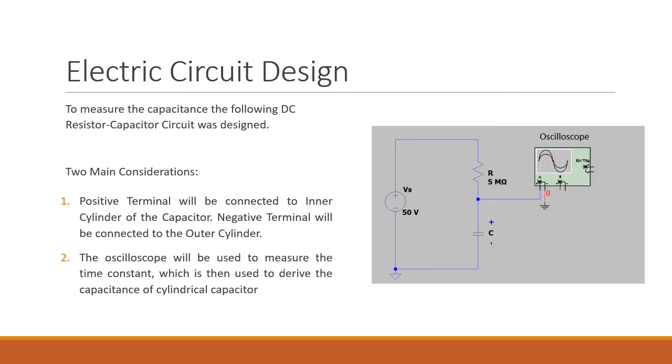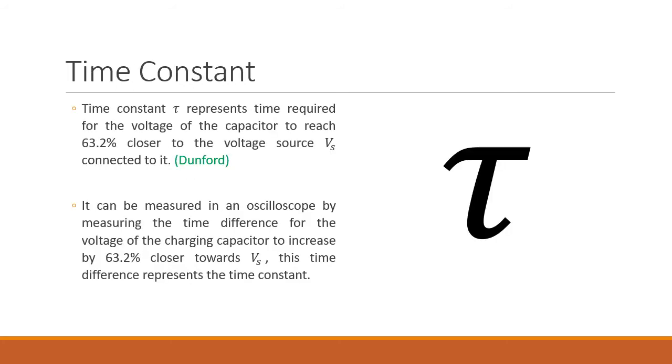Second consideration is that the oscilloscope will be used to measure the time constant, which is then used to derive the capacitance of the cylindrical capacitor. Now, what is the time constant? The time constant, denoted by tau, represents the time required for the voltage of the capacitor to reach 63.2% closer to the voltage source, Vs, connected to it.